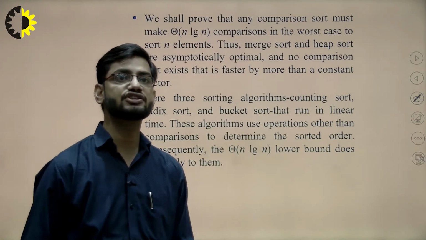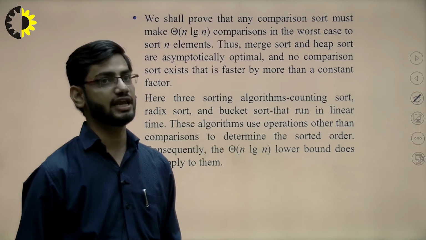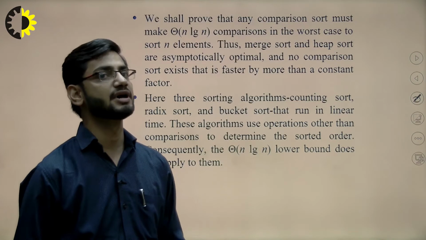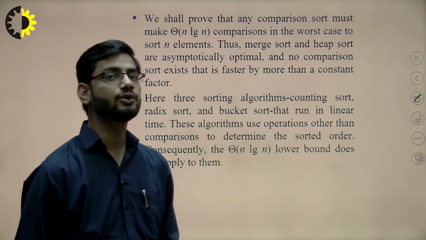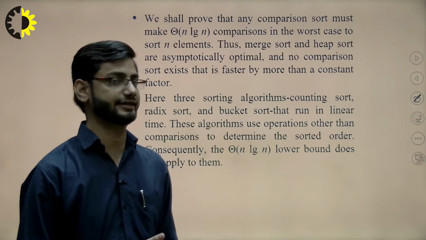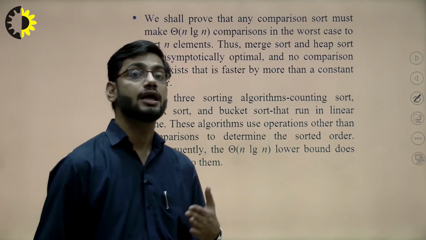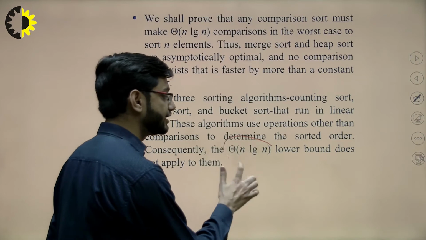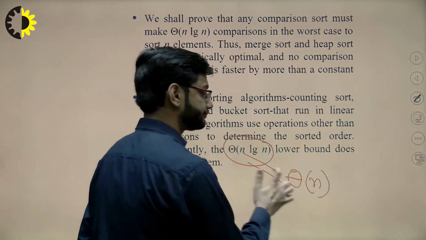We shall prove that any comparison sort must make theta of n log n comparisons in the worst case to sort n elements. Thus merge sort and heap sort are asymptotically optimal, and no comparison sort exists that is faster by more than a constant factor. So this condition gives rise to sorting in linear time, where we want to reduce this factor to theta of n.